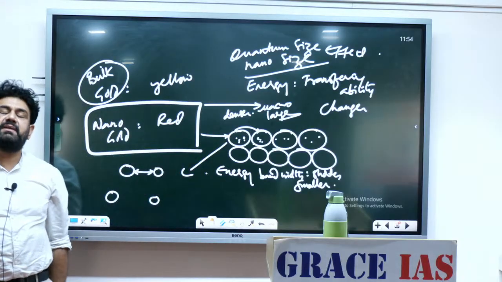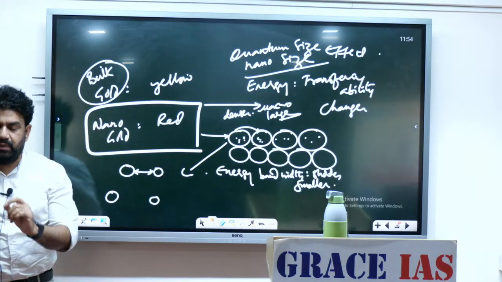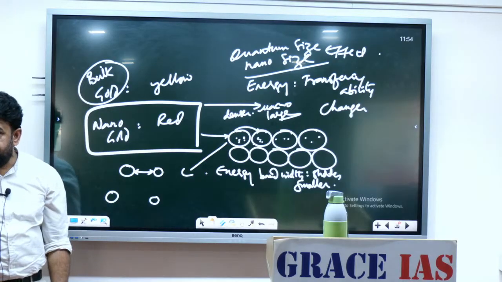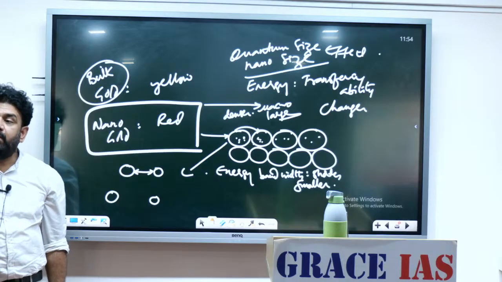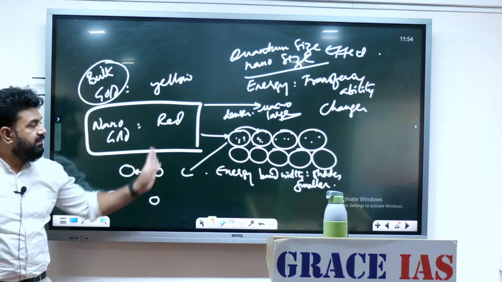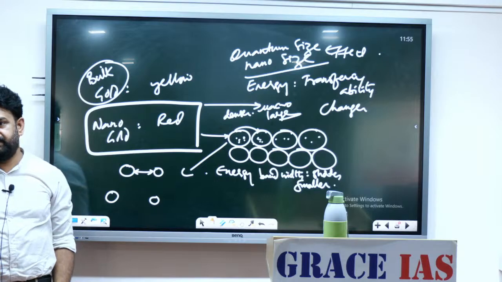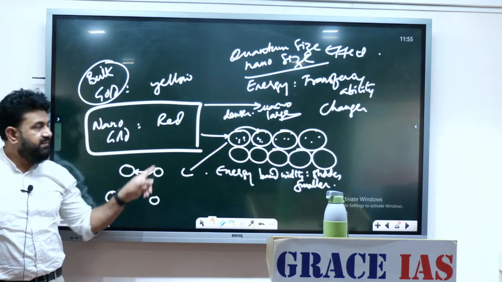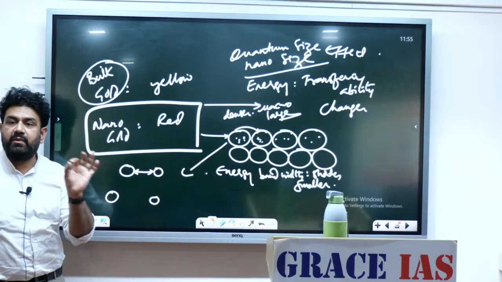Okay, so what do you want to prove by saying this point? Saying that nanoparticles can emit more energy than their bulk counterparts because of higher energy bandwidth available because of quantum size effect in nanoparticles.